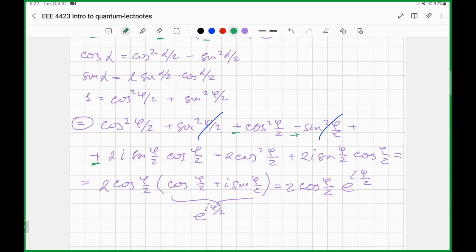And then instead of canceling sine, I would get canceling cosines.